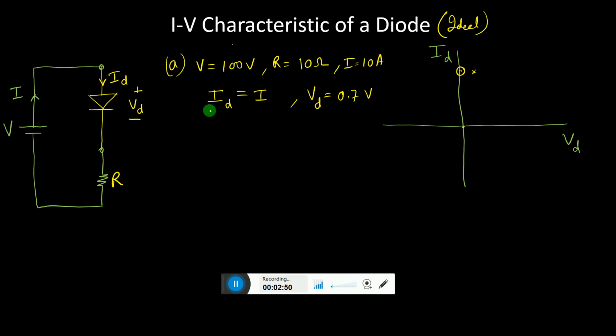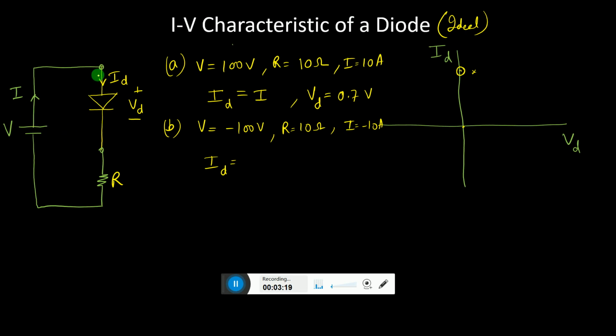This is case 1. Now case 2 is, if I give the voltage as minus 100 volt. The resistance is the same, 10 ohm, and the current will be minus 10 ampere. Now again the value of ID will be, if the voltage is reversed, the current is also reversed.